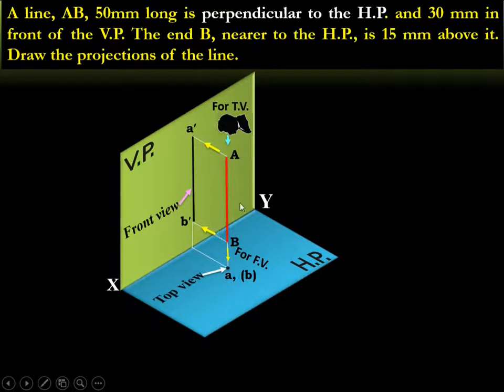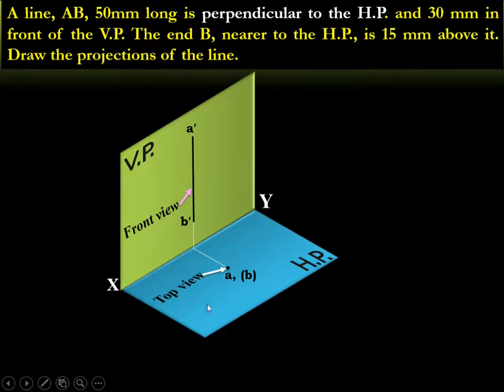Since the line is parallel to vertical plane and perpendicular to horizontal plane, its top view will become a point. From this diagram we can understand that the point at the top, that is the point A, is hiding the point B. Therefore, in the top view, the point B becomes an invisible point. So it must be denoted within brackets.